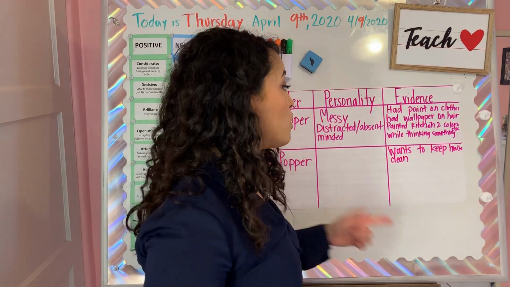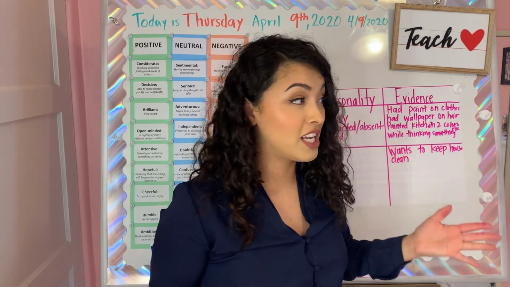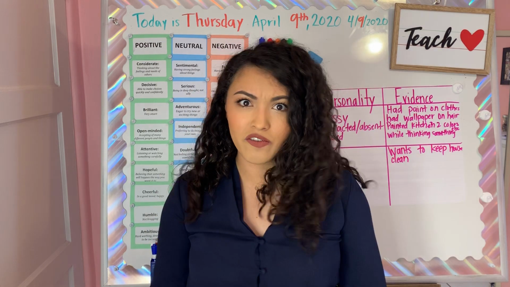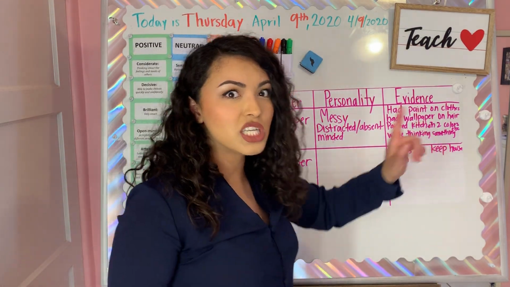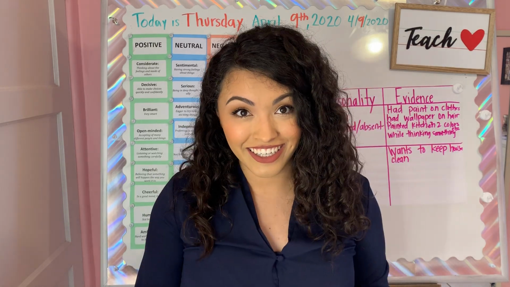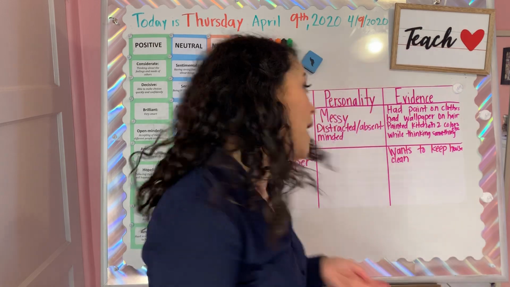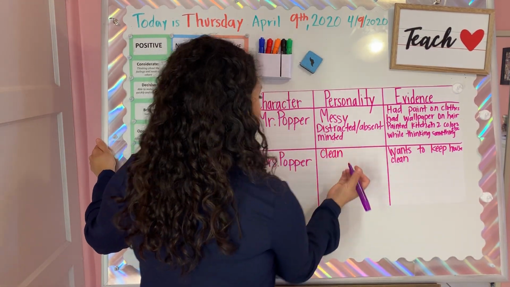And I already know, by looking at character motivation, that if a sentence has a character wants or needs, this is her motivation at the moment. So she wants to keep the house clean. She is, yes, she is clean. Yes, I'm going to write that down on my chart.